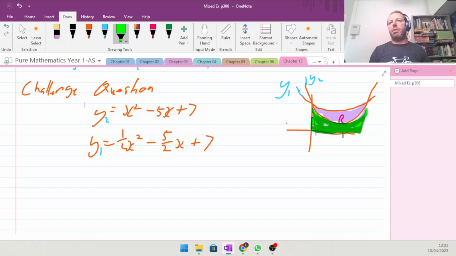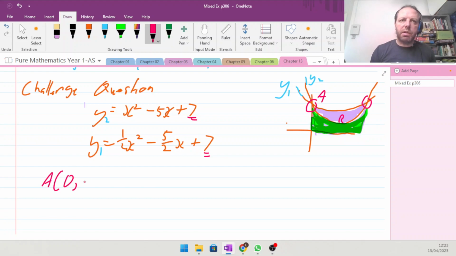So we'll end up with that purple, take away that green, and that will do us. What we do need to know is the 2 points where it crosses. We already have one of them, so if we call this point A, it is at 0, 7, because we can see they both cross there at 7.